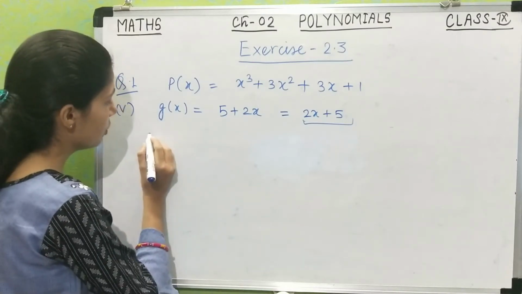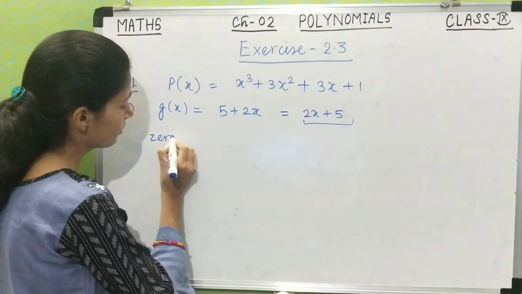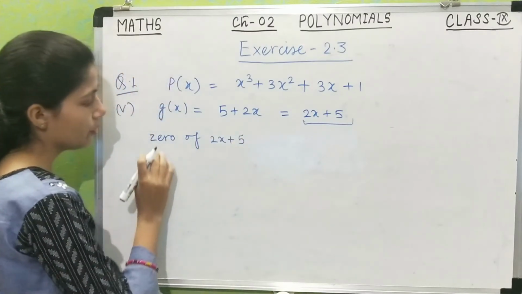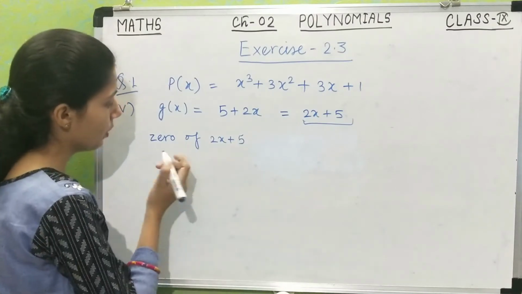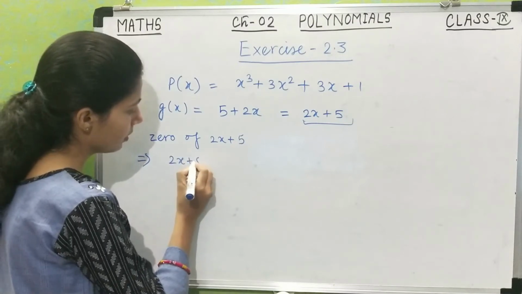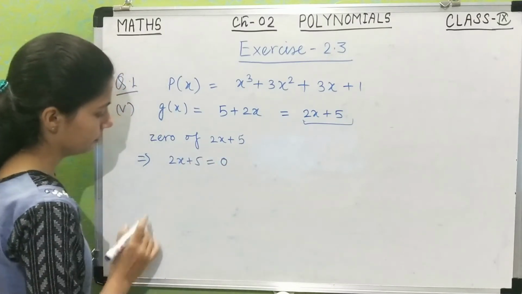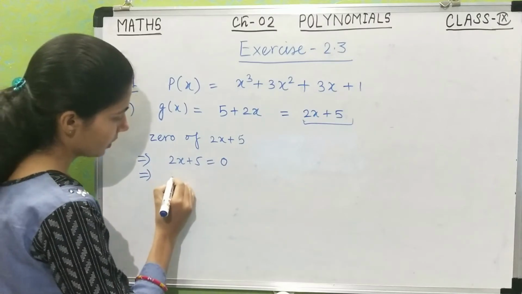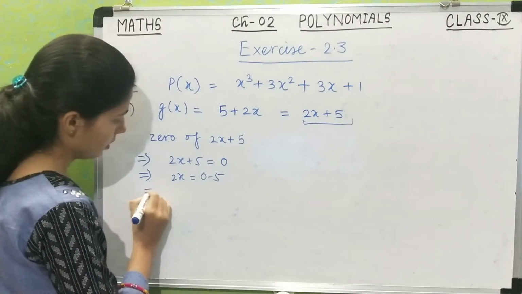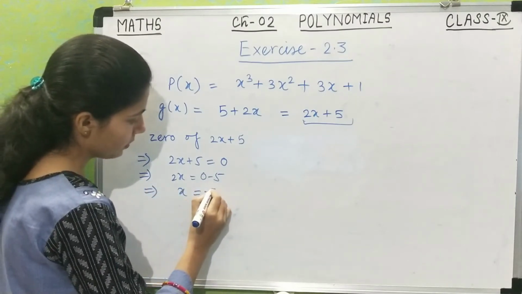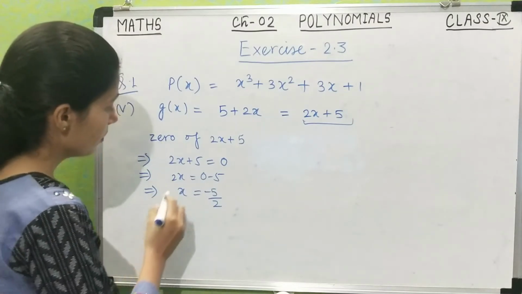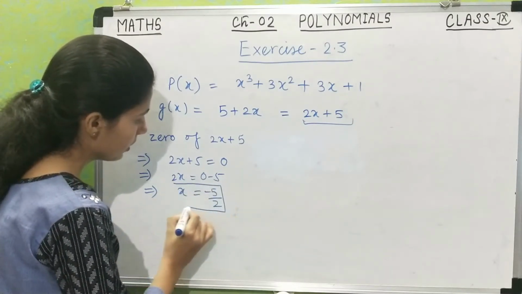So for finding the zero of 2x plus 5, a linear polynomial, we equate it with 0. Now see, 2x plus 5 equals 0, so 2x equals minus 5, and x will be minus 5 upon 2. So you have to put this value in the polynomial.